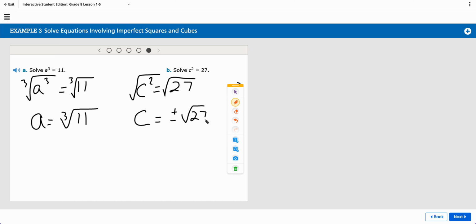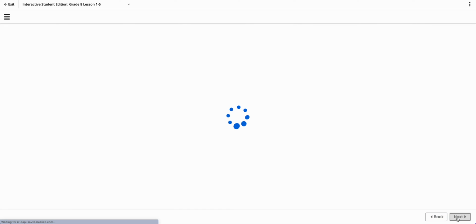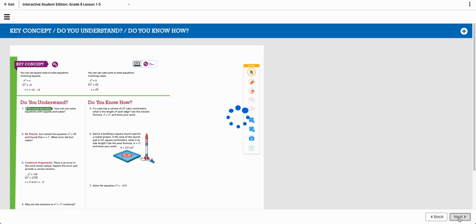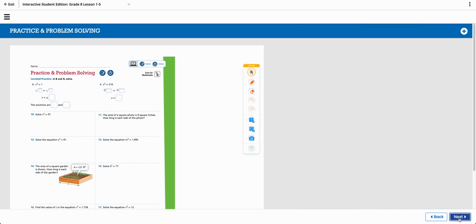Okay, this is the review page. We're gonna get to the homework page here. I like doing the ones where we fill in the blanks together because sometimes the blanks are the hardest ones to figure out what they're looking for. So number 8, z squared equals 1.